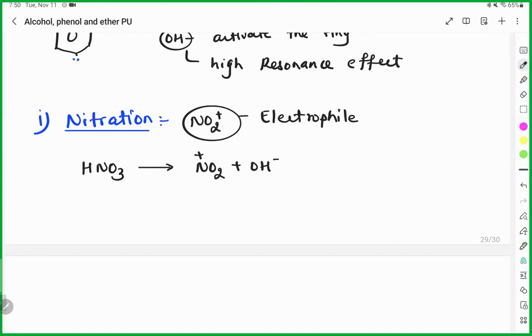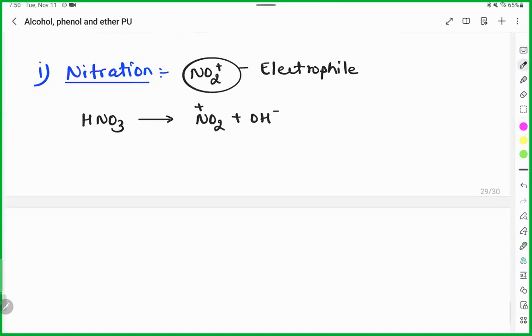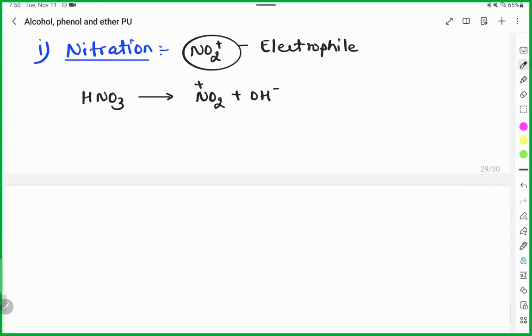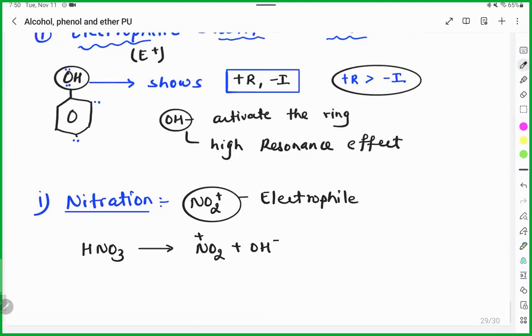Got it? The electrophile is NO2. Now NO2 will be added on the ortho and para positions. But remember, phenol activates the ring too much, and many NO2 can be added on the ortho and para positions.